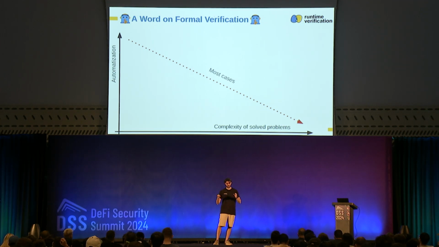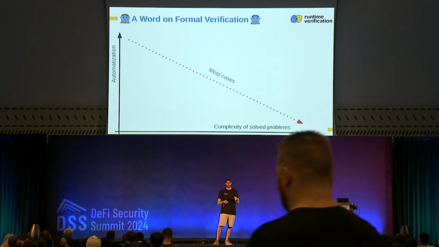There are also many techniques for doing formal methods, formal verification, and there's a spectrum, right? They vary in the degrees of automation, and they also vary in the problems that they are able to solve, meaning what kind of statements you can prove. Usually, as a rule of thumb, the less automated a tool for formal verification is, the more it translates into the ability to prove more complex problems.